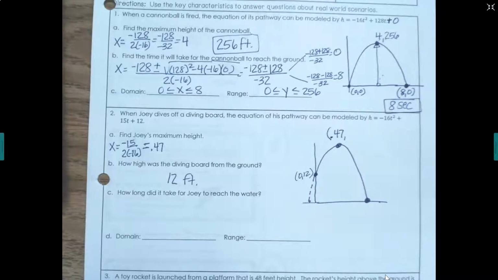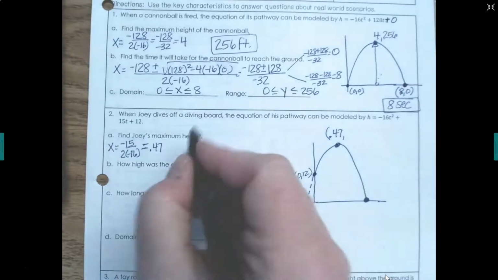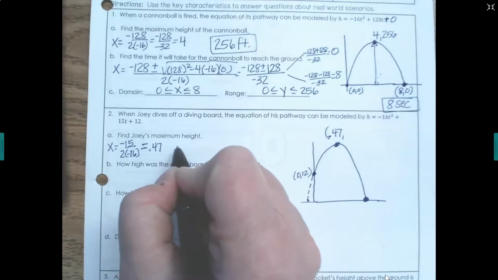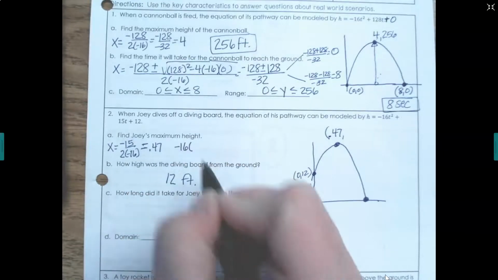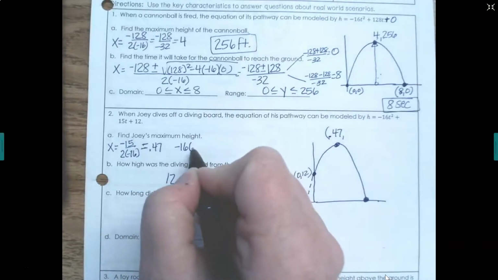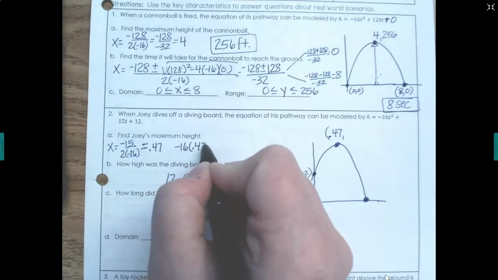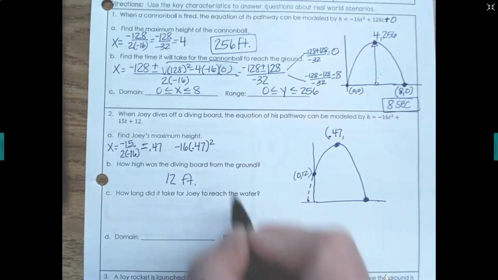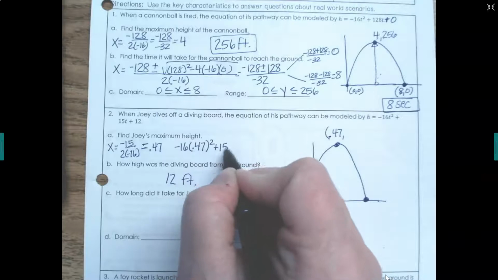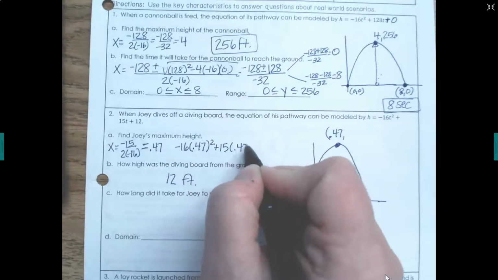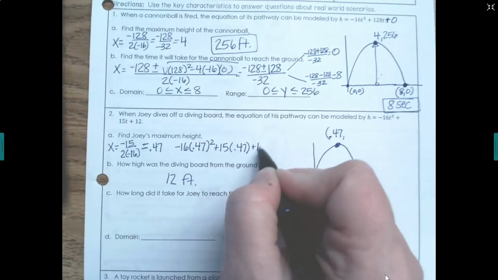So we're going to plug that into the equation, because if we look at the table of values, we don't have it just sitting there for us to look at. So in the equation, we're going to say negative 16, and t is really our x value, 0.47 squared, plus 15 times t plus 12.